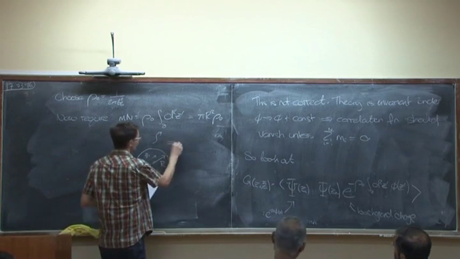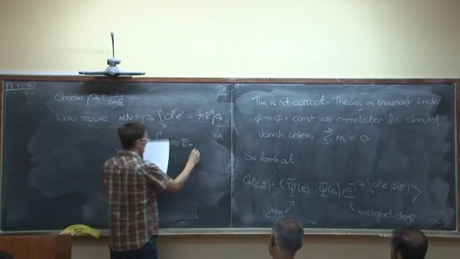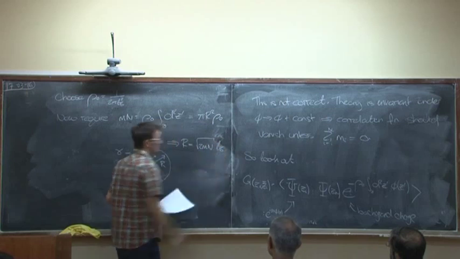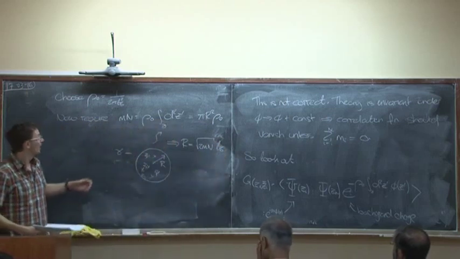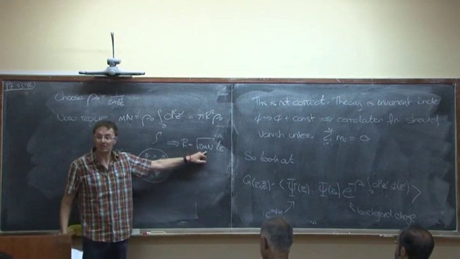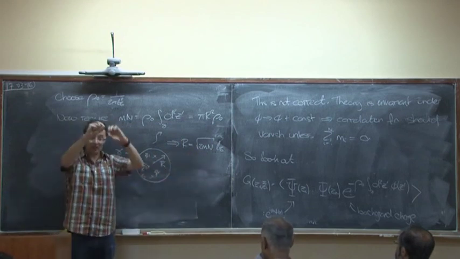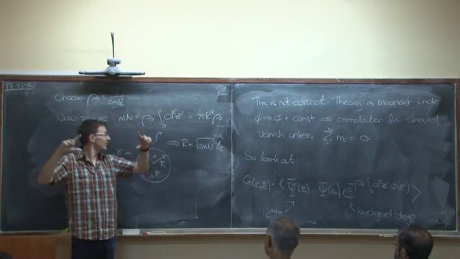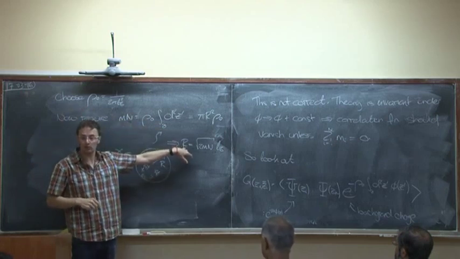So this tells us that the radius r is the square root of 2nN over b. For what it's worth, if you go back to the Laughlin wave function, with a finite number of particles, capital N, the Laughlin wave function has a size. The size of that Laughlin wave function is precisely this r.